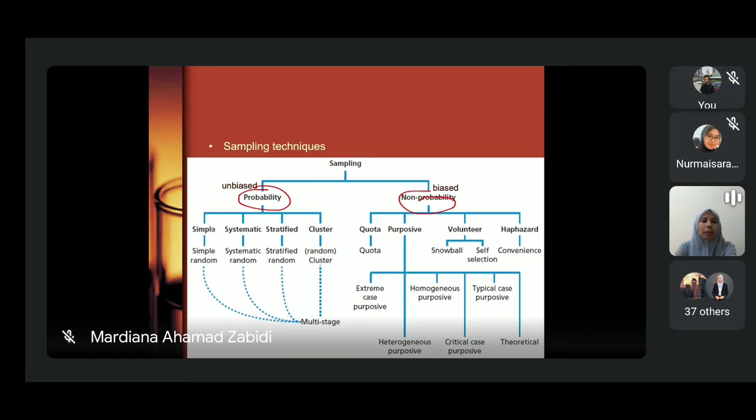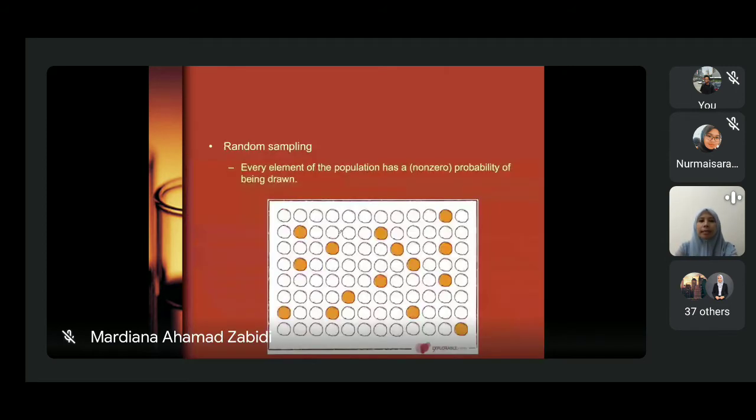Okay, so under probability, we have simple, systematic, stratified as well as cluster sampling. I will explain these one by one. The first one is random sampling. For random sampling, for example, say I have 50 carton boxes and I have to take out 10 carton boxes. I cannot pick only the samples that are near me. Say I am standing at the raw material area and, to make my work easier, I take the ones near me, the ones on the very top.